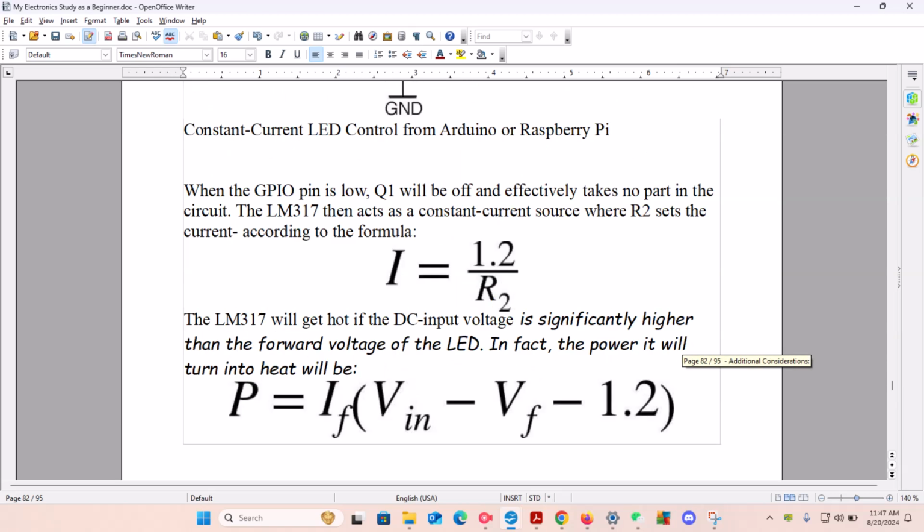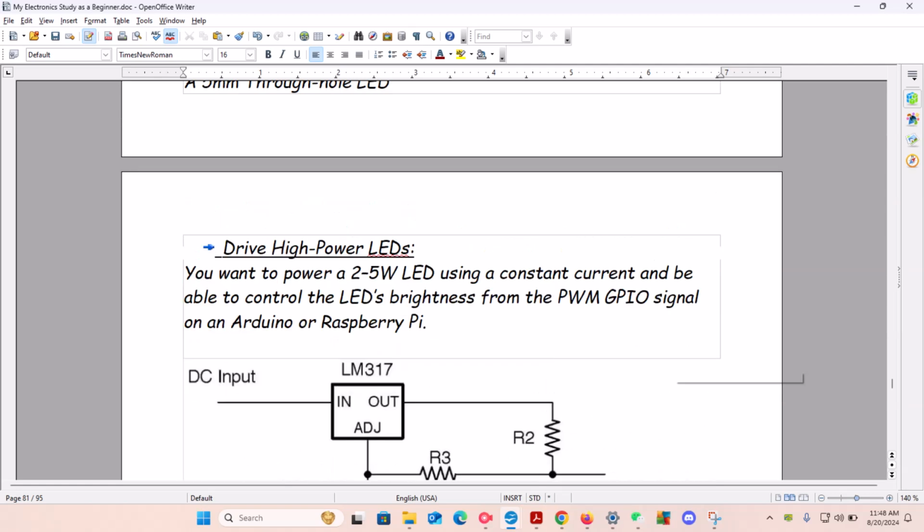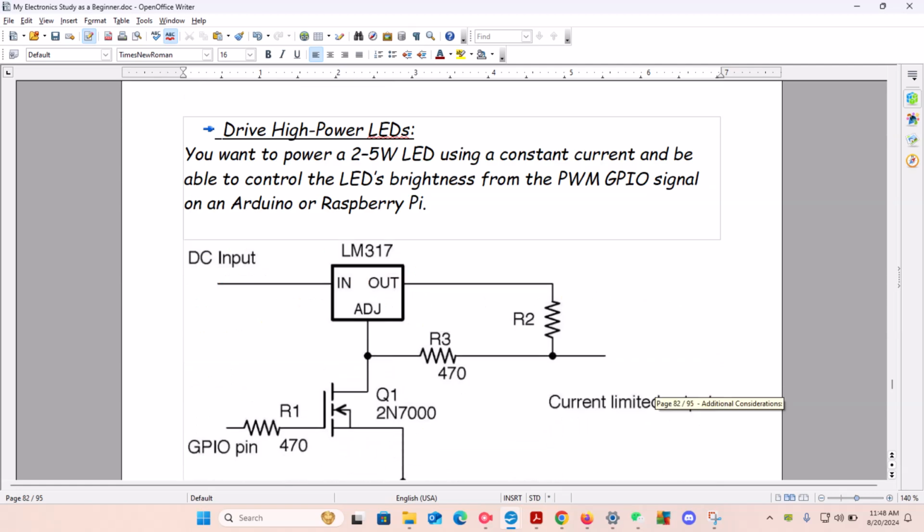So ultimately, we should remember that power equals current flow forward times voltage in, which is the voltage going in, minus the voltage going forward, minus 1.2. Now, individually, you can understand that the current is denoted by 1.2 divided by the second resistance, or R2.